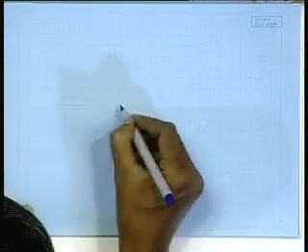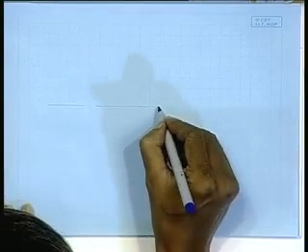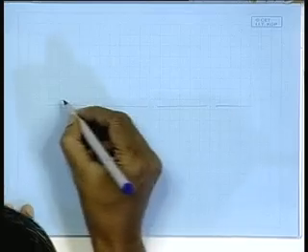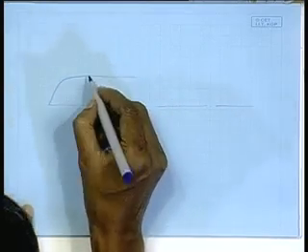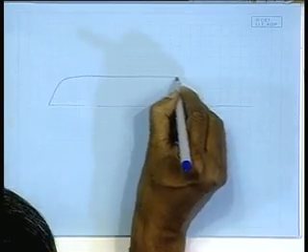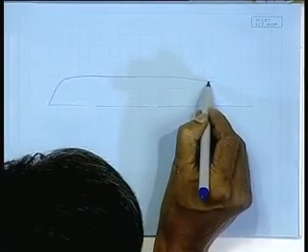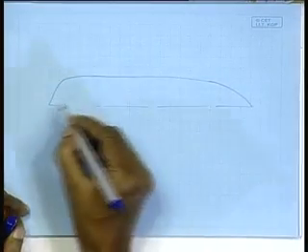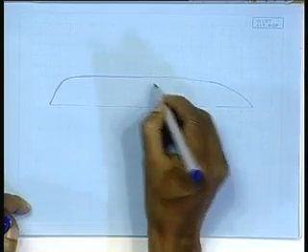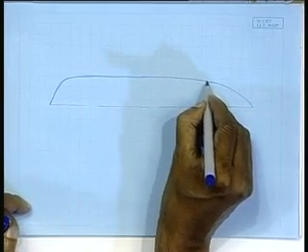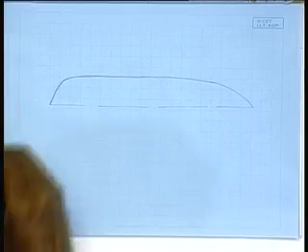it is like this. If I see the deck plan, the deck plan is like this. Obviously, we are drawing just the half of it, right?